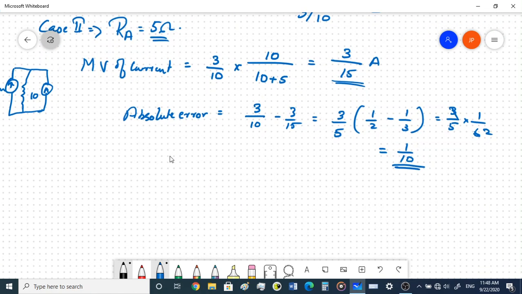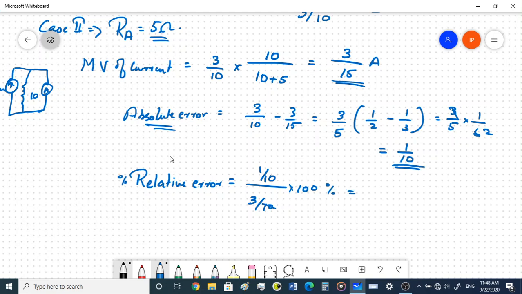Now if you look at what is the relative error in this case, the relative error would be equal to the difference which is the absolute error divided by the true value, 1 by 10 divided by the true value, which is 3 by 10, into 100 percentage relative error.